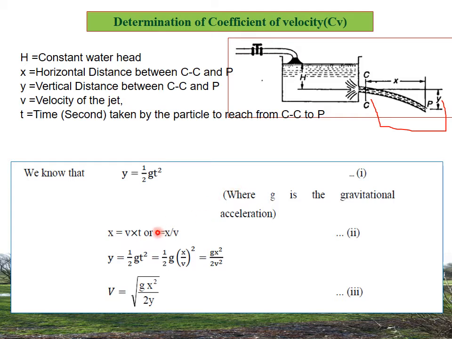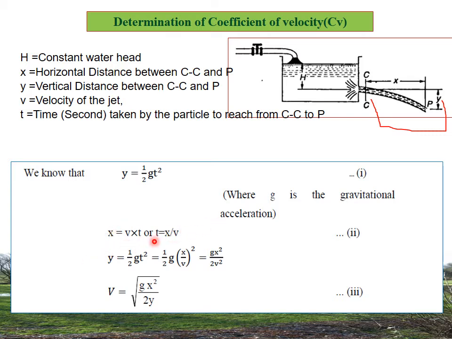Now we calculate the horizontal distance: x equals v into t, so t equals x by v. The vertical distance between CC and P is y equals half g t square, where g is the gravitational acceleration.